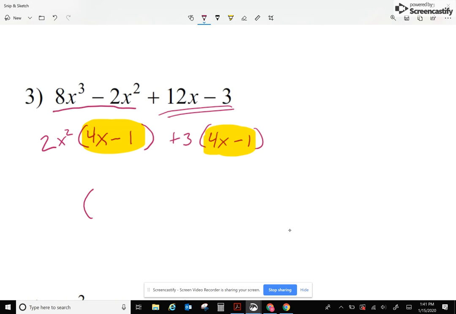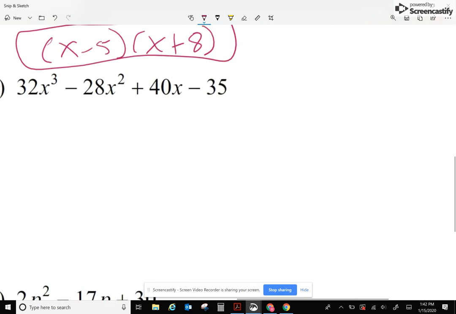So my factors in this case, one of them is going to be 4x minus 1, which is the parentheses that matches. My other factor is going to be 2x squared plus 3. It's basically what I have outside of the parentheses. No spaces in between. It's all combined.